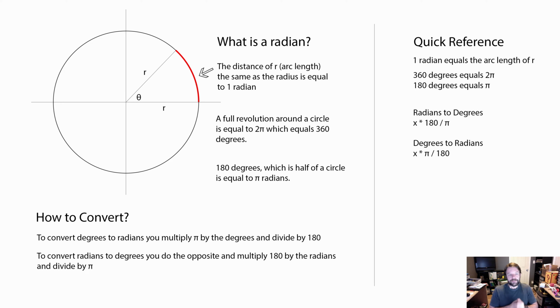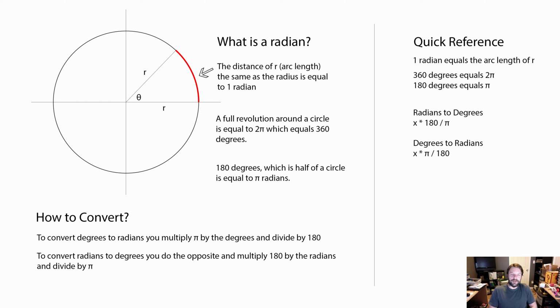We are going to do some conversions, because the functions that we're going to be using to convert our angles to actual x and y coordinates in our game are cosine and sine. And those functions require us to pass in radians instead of degrees. So we need to know how to convert degrees into radians.